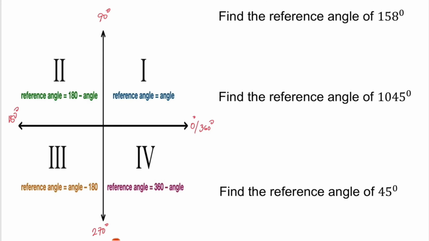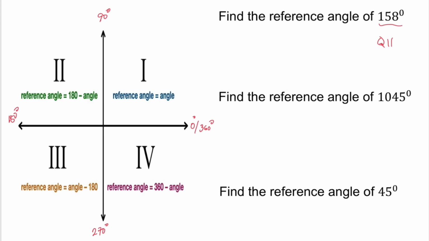The next given is find the reference angle of 158. So, ang 158, check muna natin yung 158. So, ang 158 ay pasok kay 360. Hindi siya sumobra at hindi siya kulang. So, ibig sabihin, we have to find kung saan ba siyang quadrant kabilang. So, ang 158 ay kabilang kay quadrant 2, kasi hindi siya lumampas kay 180.